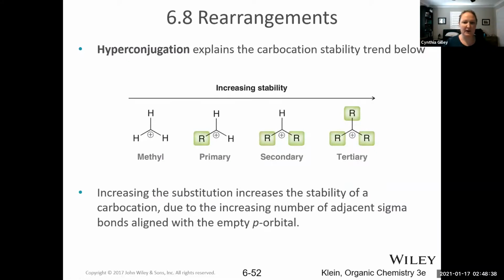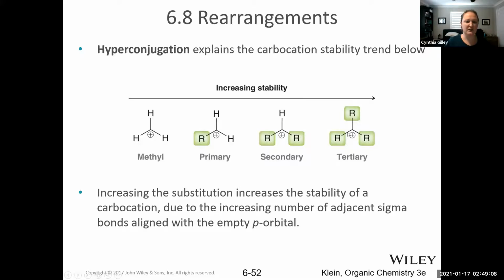Let's talk a little bit about carbocation stability. It's important to recognize that because of increased hyperconjugation, the more substituted a carbocation is, the more stable it is. So a tertiary carbocation is the most stable because it has 3 R groups, which means that it has triple the hyperconjugation occurring to help stabilize the empty p orbital on that carbon.